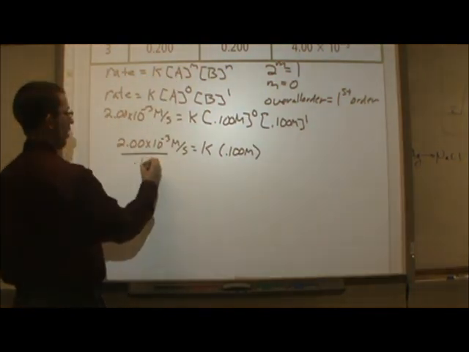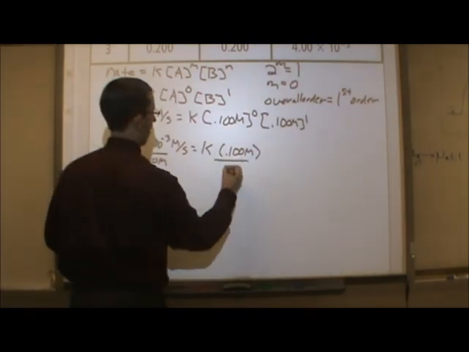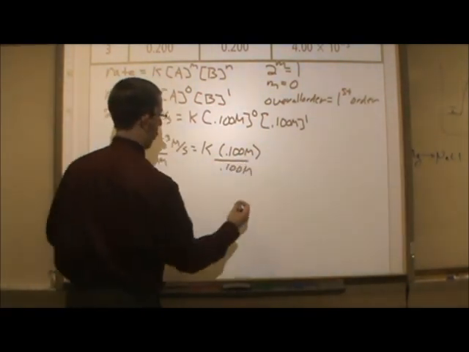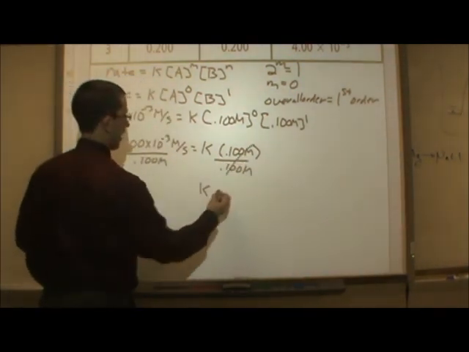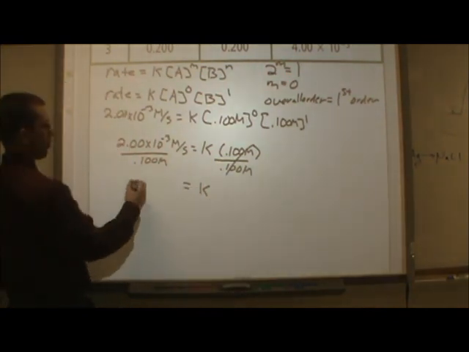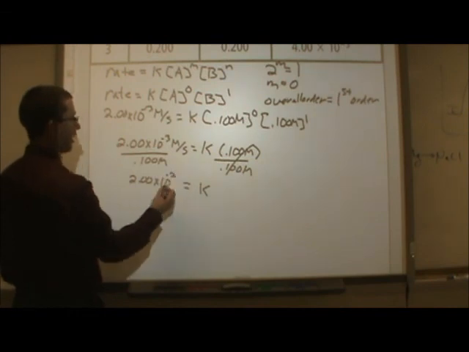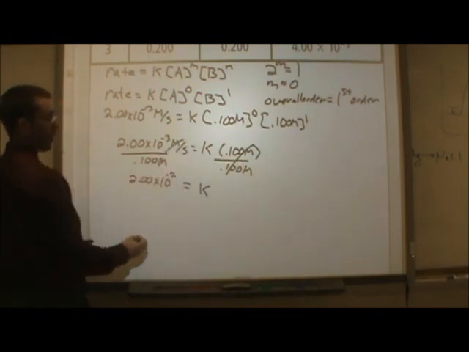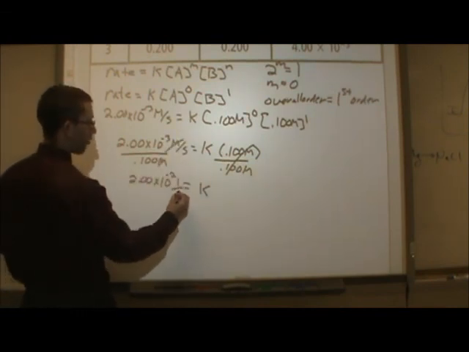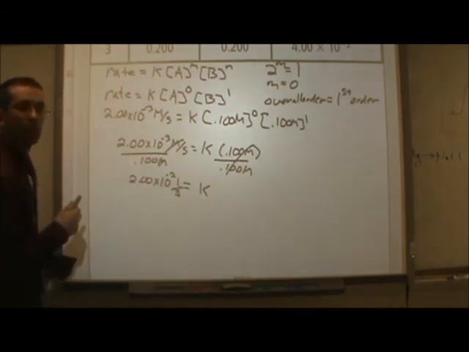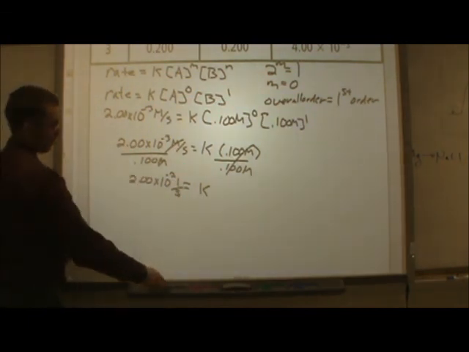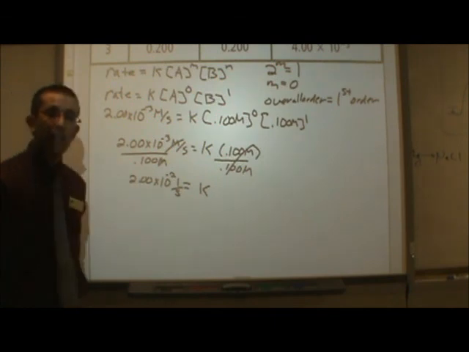Divide this over. Those are going to cancel out. K is going to be equal to 2.00 times 10 to the negative second. Molarities actually cancel out on this one, and all you're left with is 1 over seconds for your units.